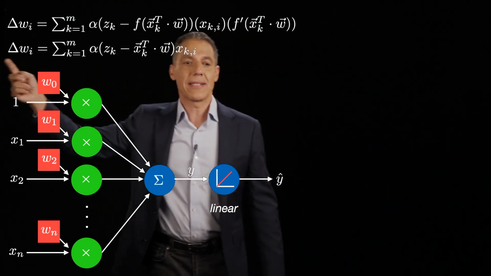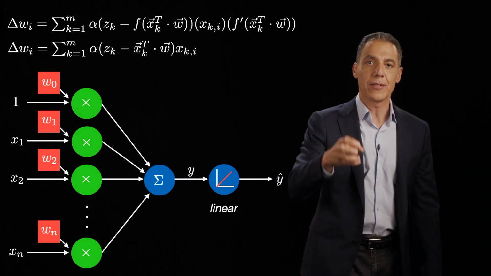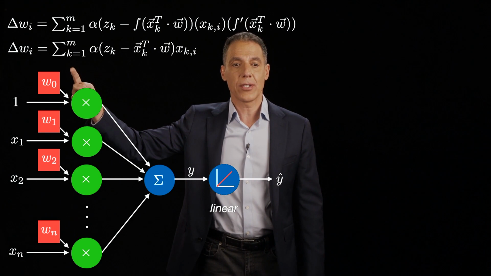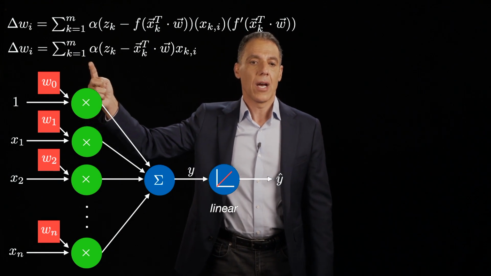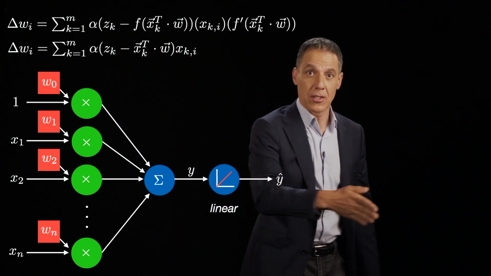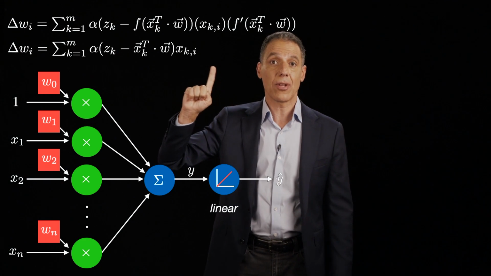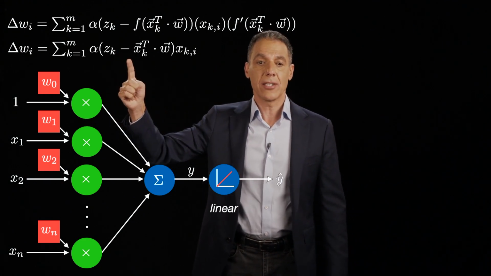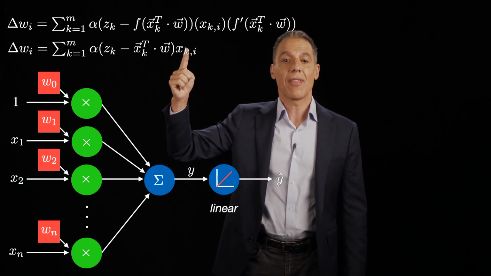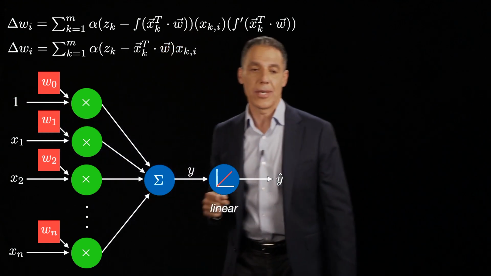So now my delta rule, which is how do I update w on each iterative solution of this, is going to be the sum over all the data points, 1 to m, of alpha, that's my step size in going down that quadratic error surface, of z sub k, that's the label of my labeled data set, minus the dot product between my data and the model, times the ith component of x, because that's the ith component that I'm iterating over.